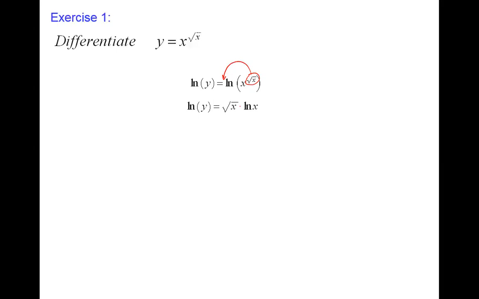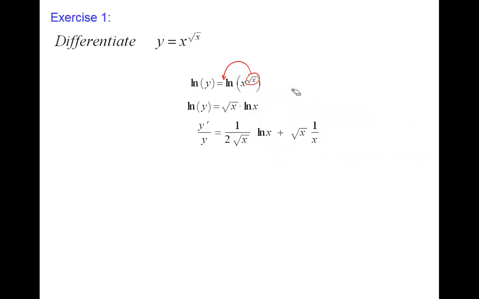This move creates a product, and I can use the product rule because now I will differentiate both sides. The derivative of natural log of y is 1 over y times y prime. Now the product rule on the right-hand side: the derivative of root x is 1 over 2 root x, times ln of x, plus root x times the derivative of ln of x, which is 1 over x.